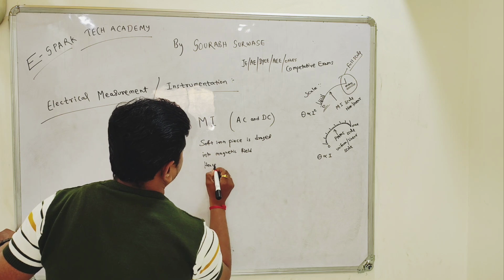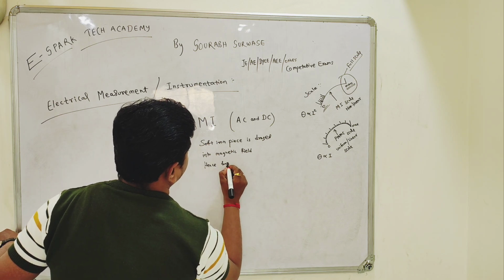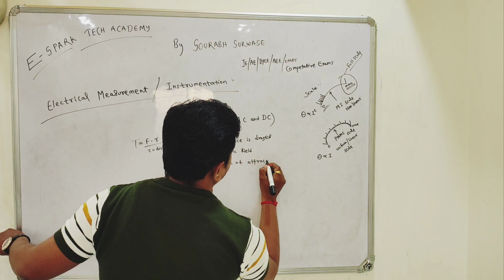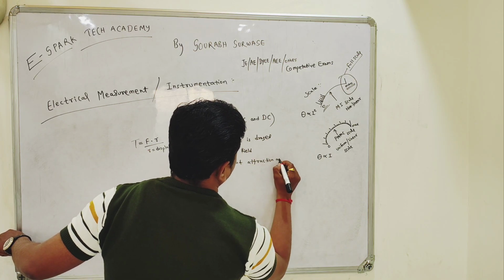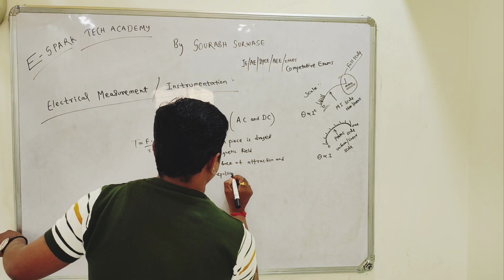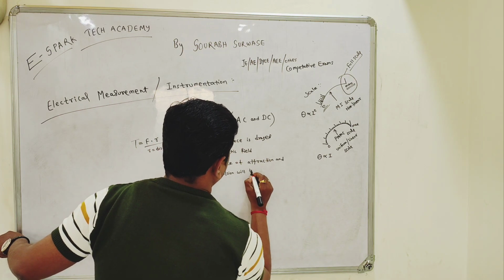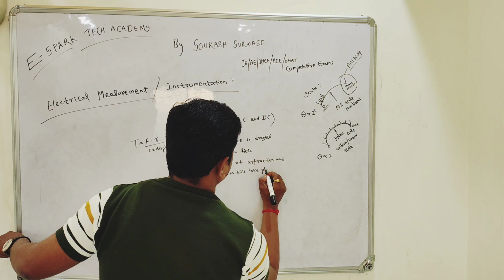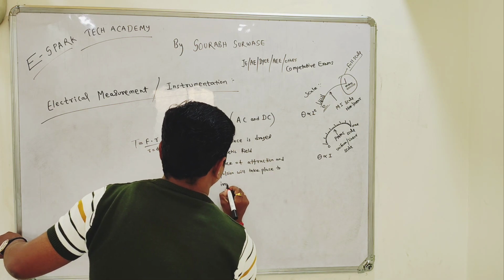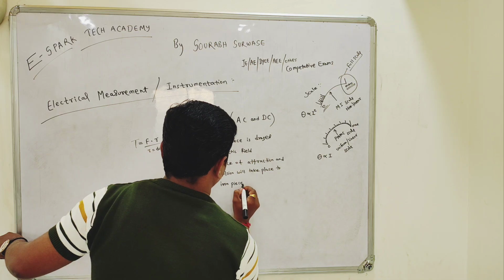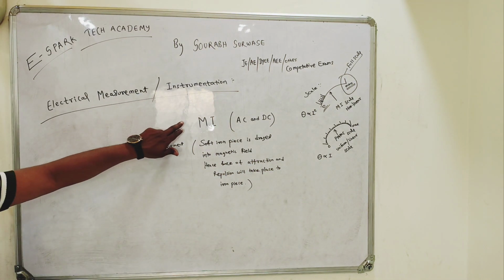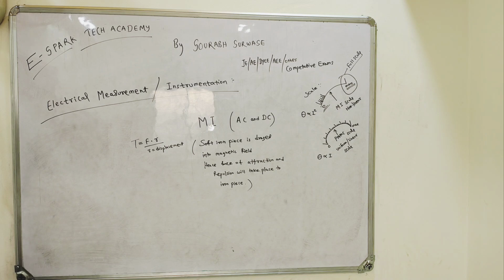Hence, force of attraction and repulsion will take place to the iron piece. This is nothing but a definition of moving iron instrument.